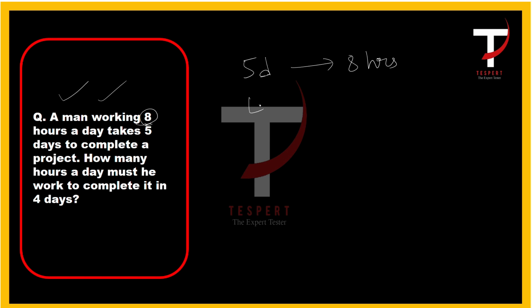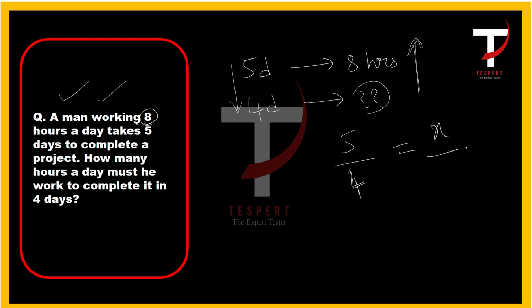So for 4 days, how many hours are required per day? Okay. So if the number of days are decreasing, then the amount that he must invest in working must increase, right? So it is an indirect variation. And how do we proceed? 5 by 4 is equal to not 8 by x, it is x by 8.